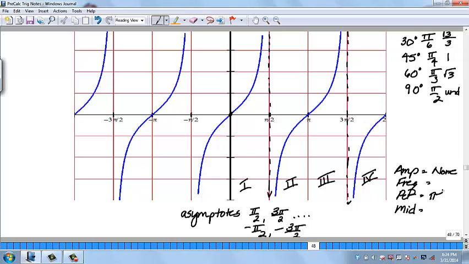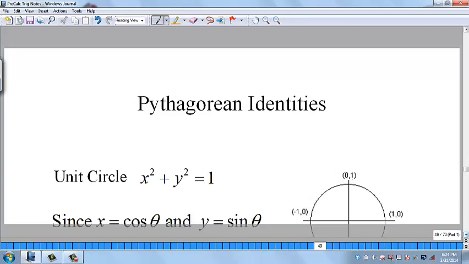This one's different. There is no midline, if you will, because there's no end or beginning. So this part is different. The period is pi, and there's no amplitude, and that's what makes this distinctive.